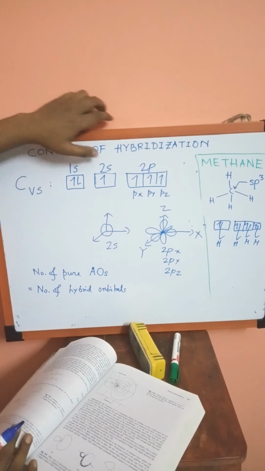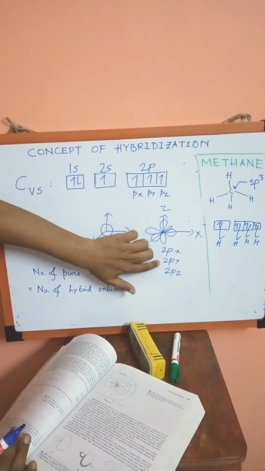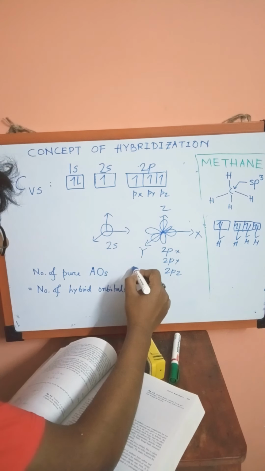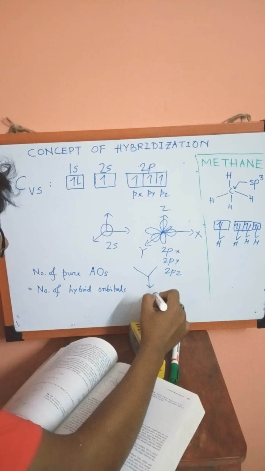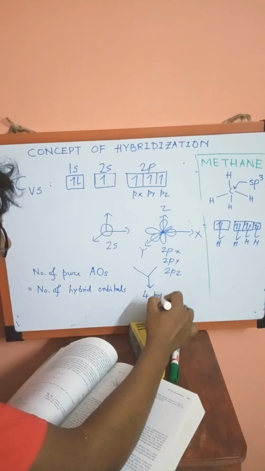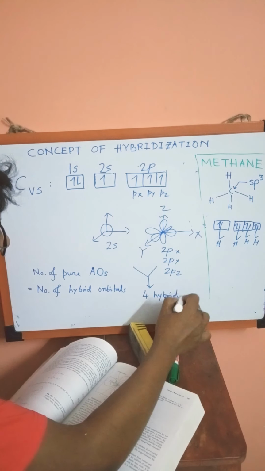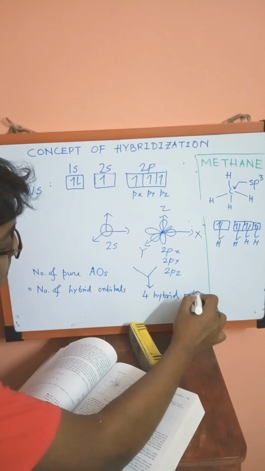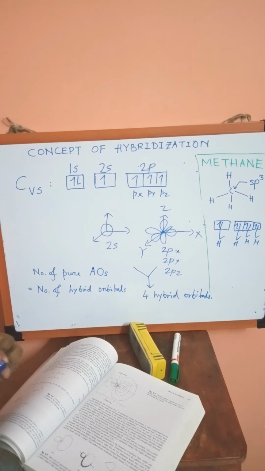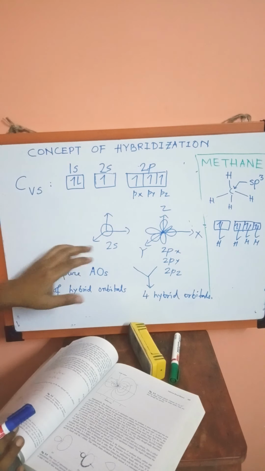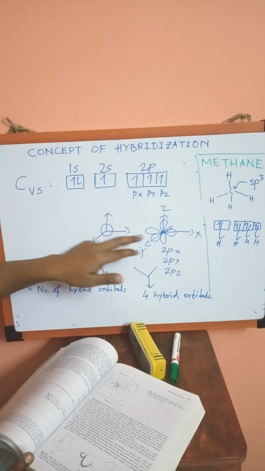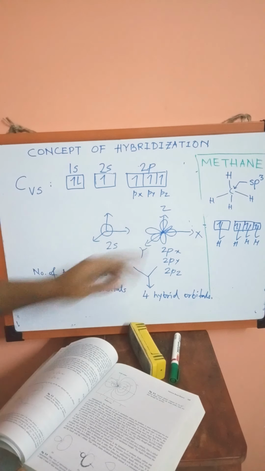Here, how many orbitals are there? 1, 2, 3, 4. So if you mix these things, it will result in a new set of 4 hybrid orbitals. Now two things arise. What will be the shape of these new hybrid orbitals, because they will no longer be purely spherical or purely dumbbell shaped like the pure p orbitals?